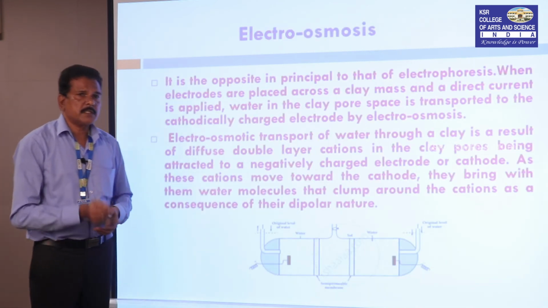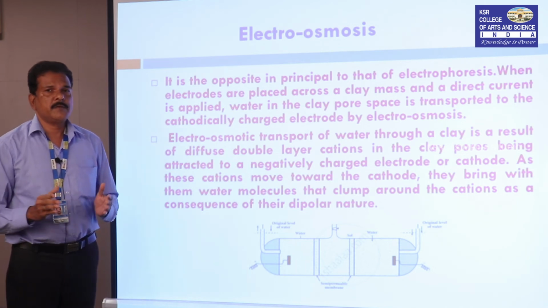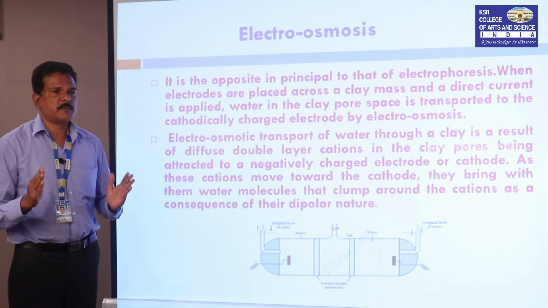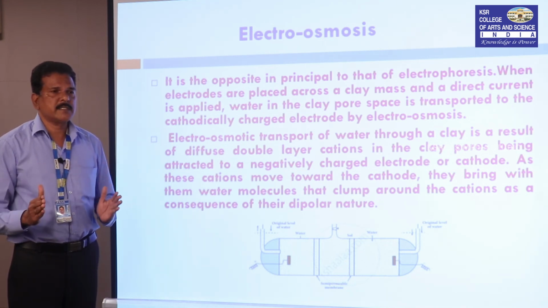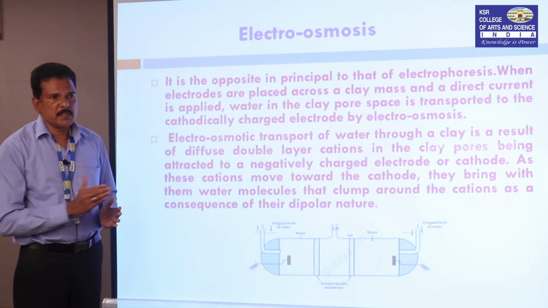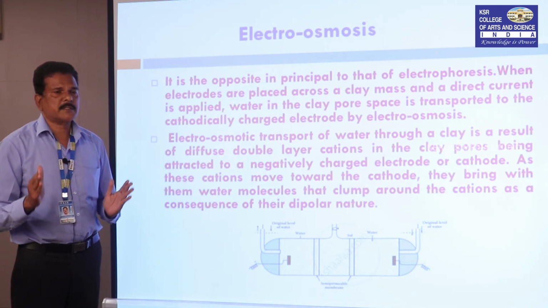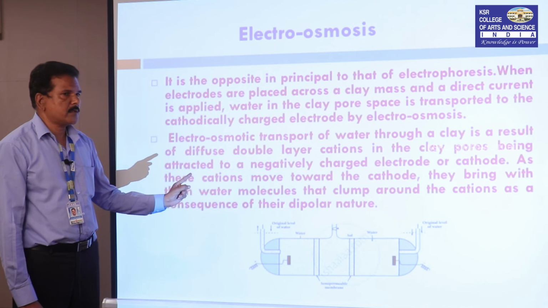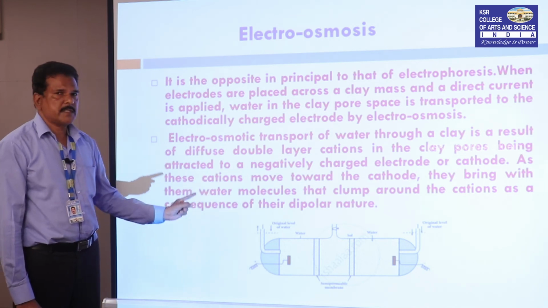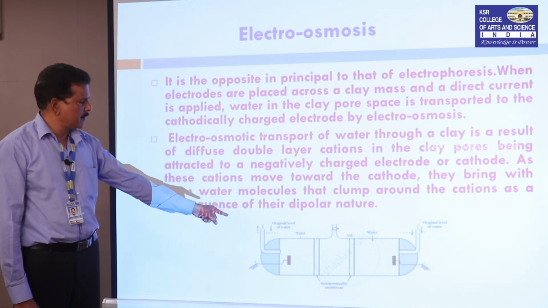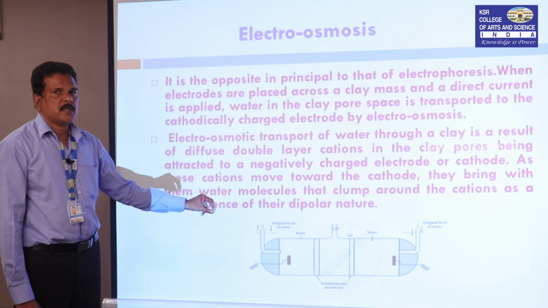Electro-osmosis. In the previous case, electrophoresis, we saw the movement of the dispersed phase, that is, colloidal particles towards the electrodes. But in this case the colloidal particles do not move; only the dispersion medium moves towards the respective electrodes when an electric field is applied. There are three compartments: A, B and C. In compartments A and C we take only the solution, and in compartment B the colloidal particles as well as solution.